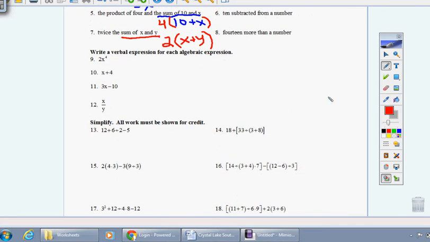Alright, now we're writing verbal expressions here, and there are lots of different ways we could write verbal expressions. So the answer that I write might not always be the correct one. There could be other ones.